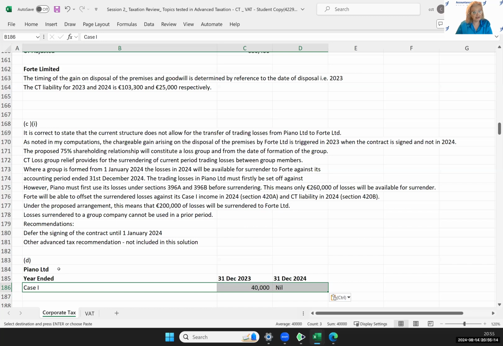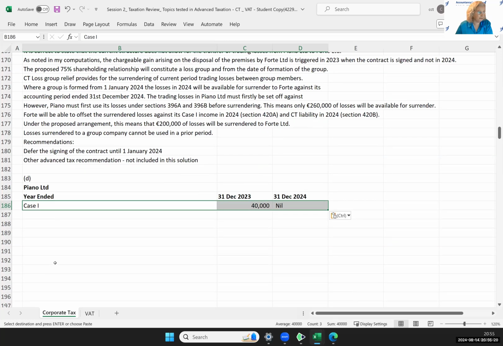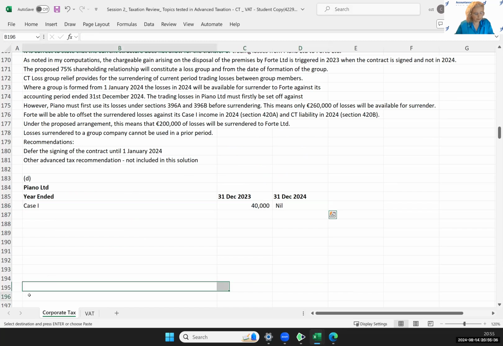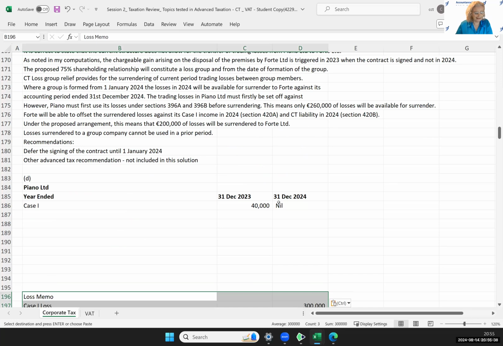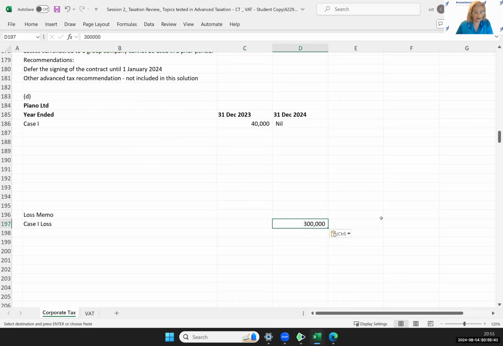So you could literally just copy it down from the information that we had earlier on. Then it had its loss memo. So there is the loss memo with the case 1 loss of 300,000.